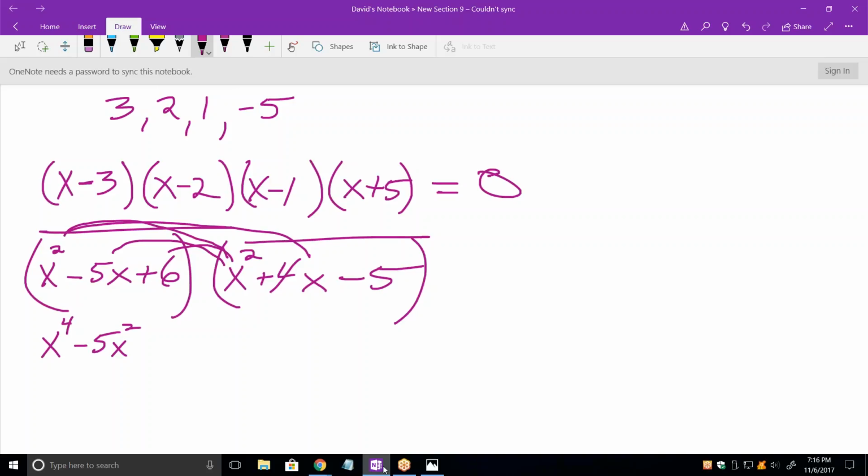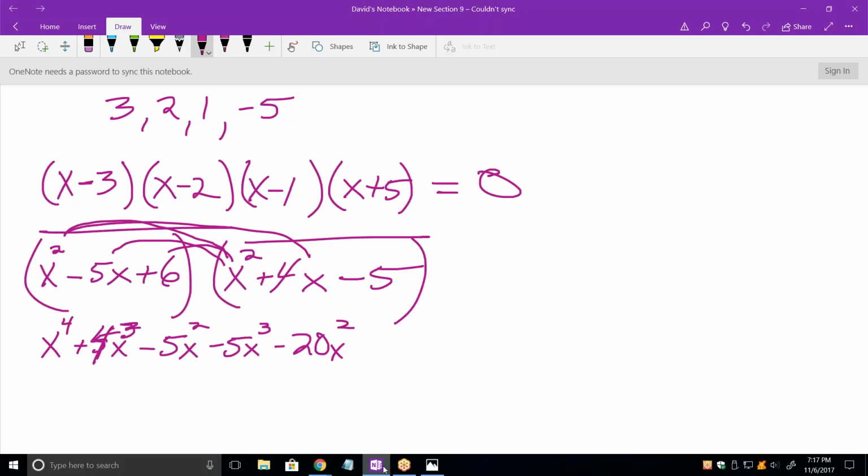Okay. So x squared times x squared is x to the fourth, and then the next one's going to be plus 4x cubed. And then it'll be minus 5x squared. And then minus 5x cubed. Minus 20x squared.